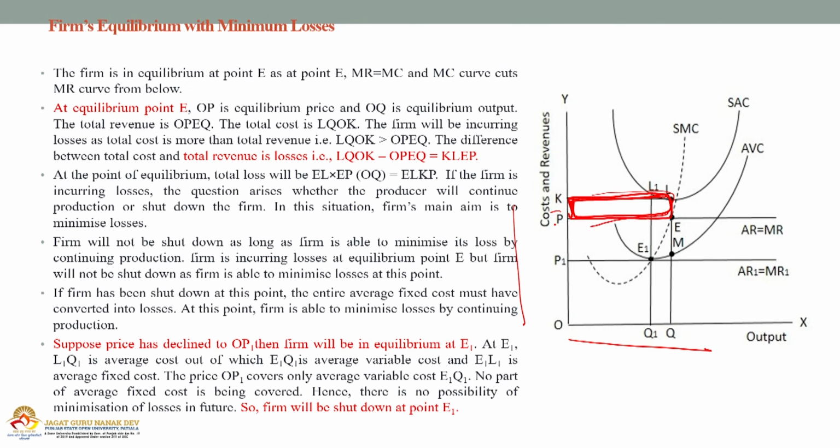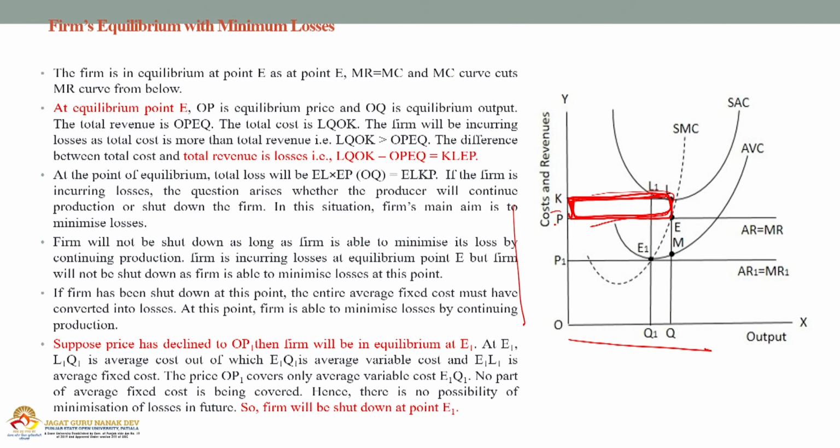If the firm is incurring losses, now the question is whether the producer will continue to go for production or shut down the firm. In this situation, the main aim of the producer is to minimize losses. Now again the question is how to minimize the losses. At what point will the producer decide to shut down, or up to which point will the producer continue production with minimum losses?